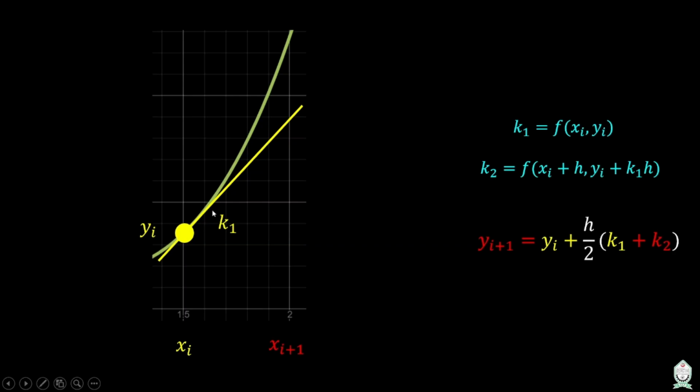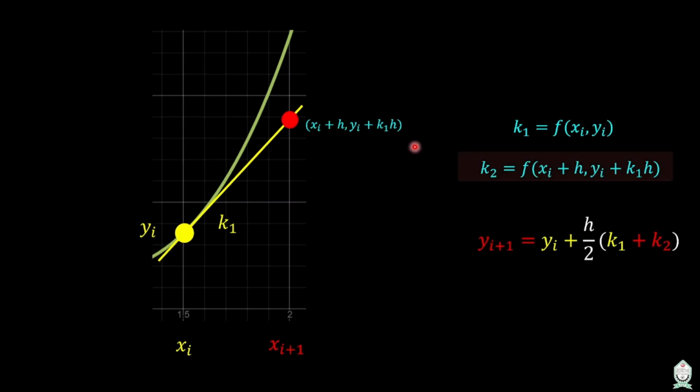Using this k1, we can reach this point which is available at xi plus 1, and the coordinate of this point is obviously xi plus h and yi plus k1h, as we have reached here using k1. Now if we plug this coordinate value into this function, that will give us k2. k2 is basically this slope.